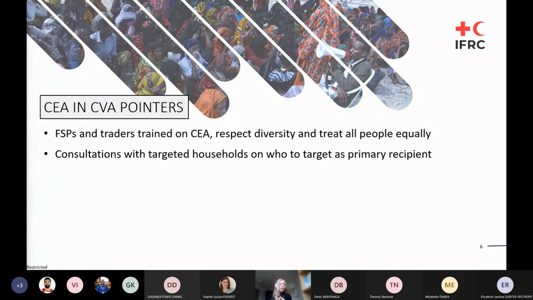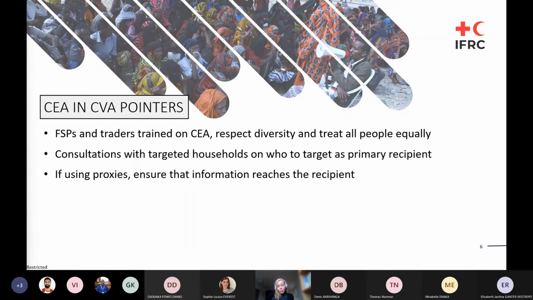There are studies from different countries saying that women, who we often have as our priority target group, don't necessarily always want to be targeted, because they say, well, my husband is so used to being the income earner, so if I'm suddenly the one getting the cash support, he might be conflicting with me rather than with the organization. So there's a lot of dynamics in this. We make sure that we look into it.